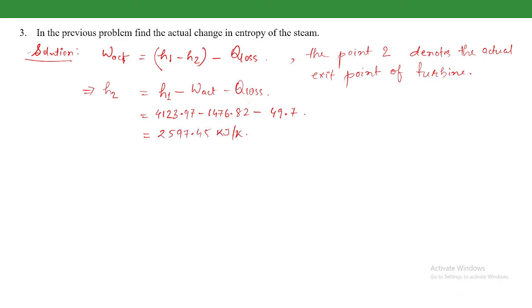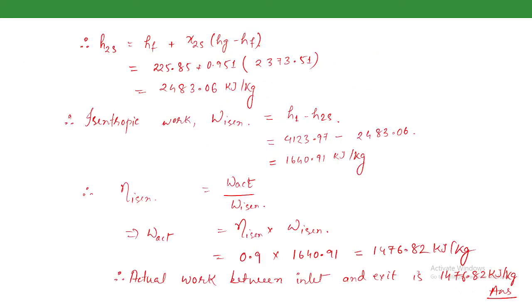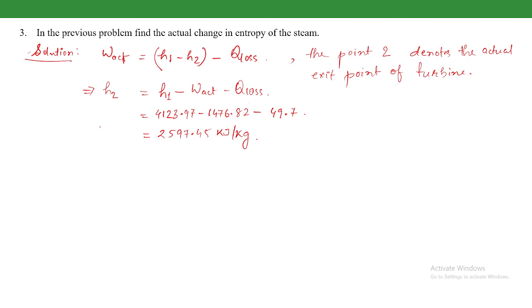kilojoule per kg. This value lies between the Hf and Hg values, so this is essentially a mixed state. Therefore x2 is equal to H2 minus Hf divided by Hg minus Hf.